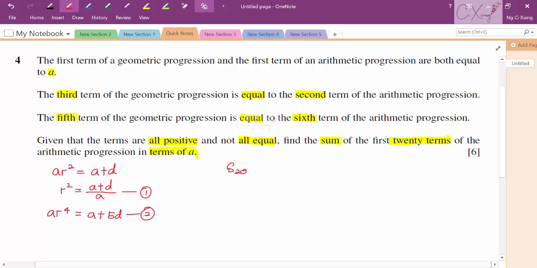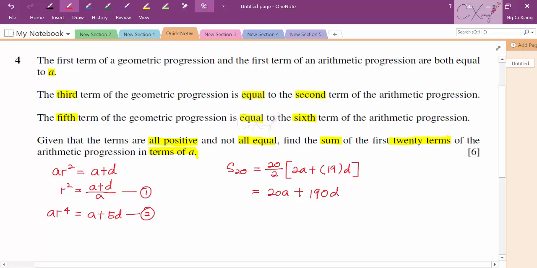Let us try S20 first. To find S20, the general formula is n over 2 times (2A plus (n minus 1)D). N minus 1 is 19, so D is multiplied by 19. 20 divided by 2 gives 10. 10 multiplied by 2A gives 20A, and 19 multiplied by 10 gives 190D.